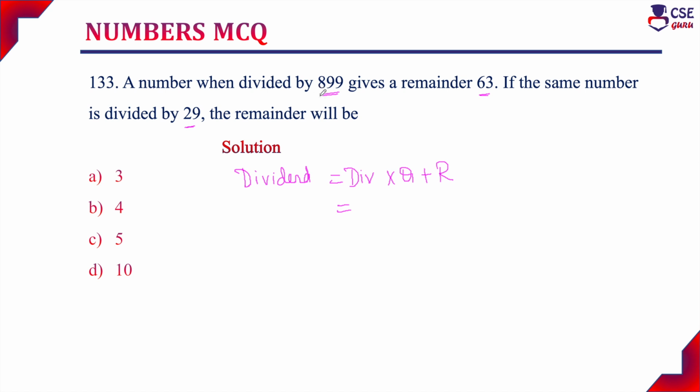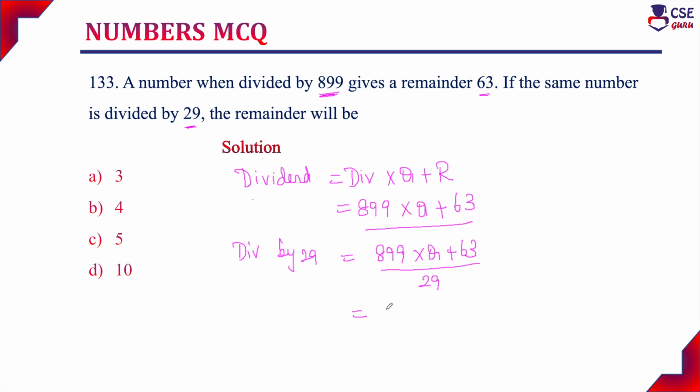The divisor in the first case is 899, into quotient, which we don't know, plus remainder 63. This is the dividend. If you know the quotient value and solve this, we get the dividend. If the same number is divided by 29, everything we have to take in terms of 29.